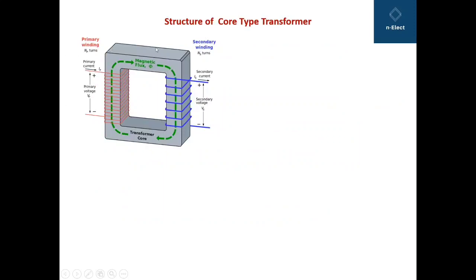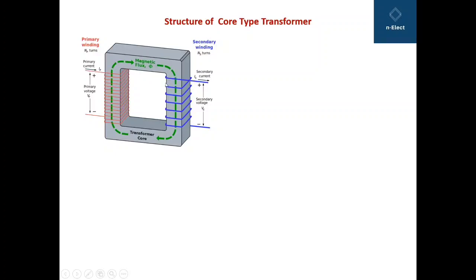Here the structure of the transformer is shown, where this is the core. It is the structure of a core type transformer. Generally an iron core is shown, and on the opposite sides of the iron core the coils are wound like this. As you can see here, on this side the primary winding is there, having the number of turns NP, and the AC voltage applied across the primary is Vp, because of which the current Ip flows into the coil like this.